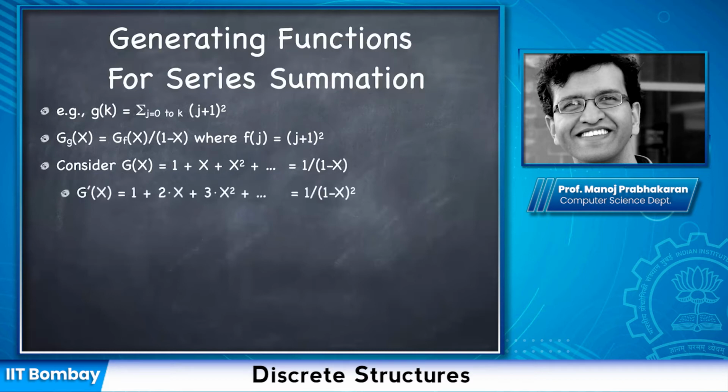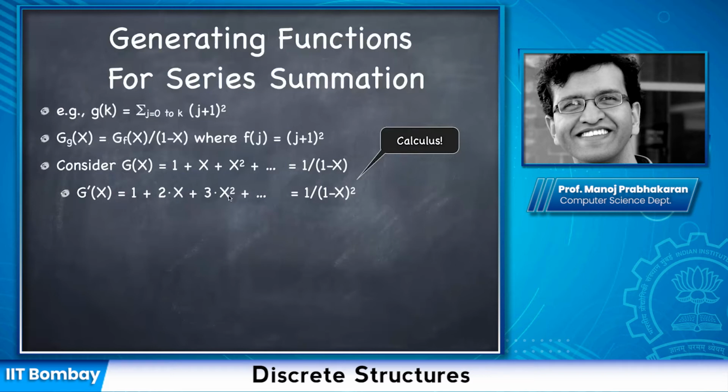What I'm going to do is, suppose I take the derivative of this infinite sum. It's a little bit of calculus, which you wouldn't expect to see in a discrete structures course. But for now, let's just treat it as a formal mechanism. We'll apply the rules of derivatives to each of these terms in a formal sense.